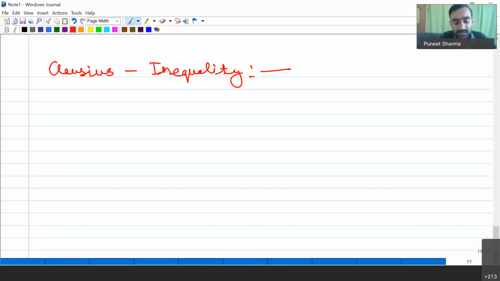R.J.E. Clausius was a German physicist who has given one very important thermodynamic inequality, and he is one of the founders of thermodynamics, from whose inequality we have got the birth of a new thermodynamic property which we call entropy.